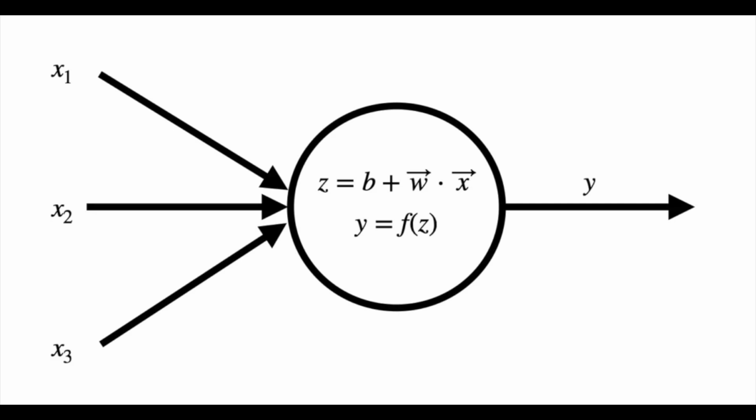So this is a weighted sum of the inputs received by the artificial neuron. Then we take that linear combination and apply a function to it, and that's how we get our output y. The function here in the figure is shown as f, and f is our activation function.